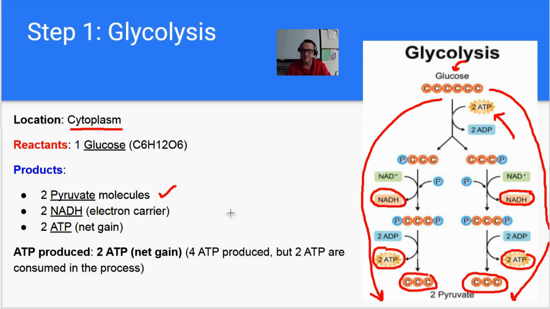So we really only had a gain of 2 ATPs. And like I said, we also get 2 NADHs. Those are our products: 2 ATPs, 2 NADHs, 2 pyruvates. And the pyruvates are going to be converted into acetyl-CoA in the next reaction.